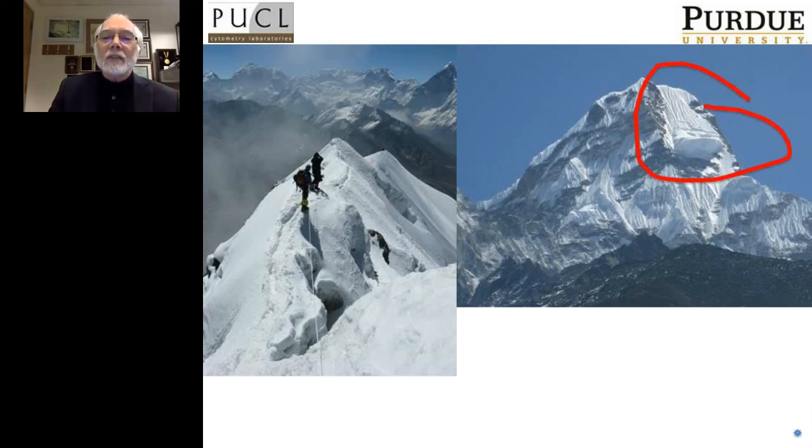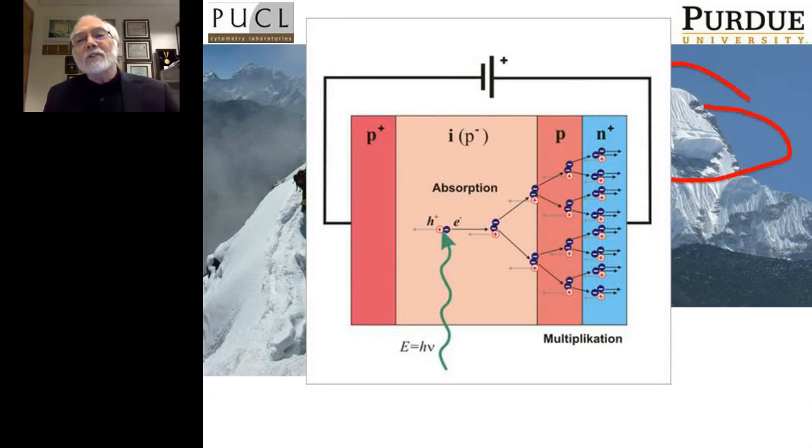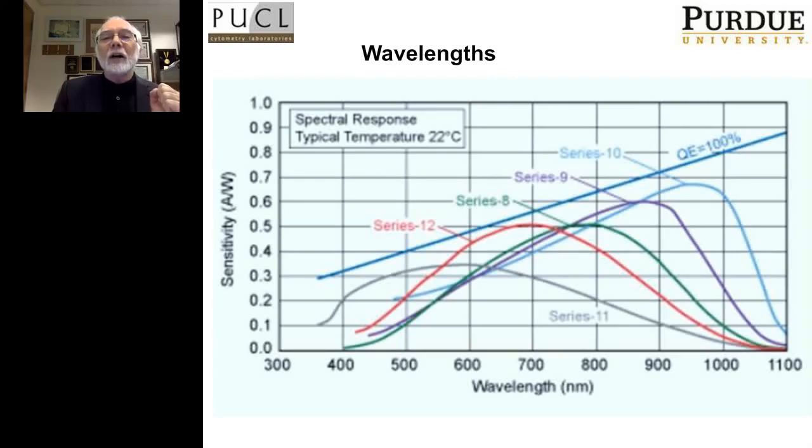And in fact, that is what happens in an avalanche photodiode. So the term avalanche is really very appropriate there when you think in terms of what is actually happening in the avalanche photodiode. So we do have this ability to take a very small signal and amplify it.